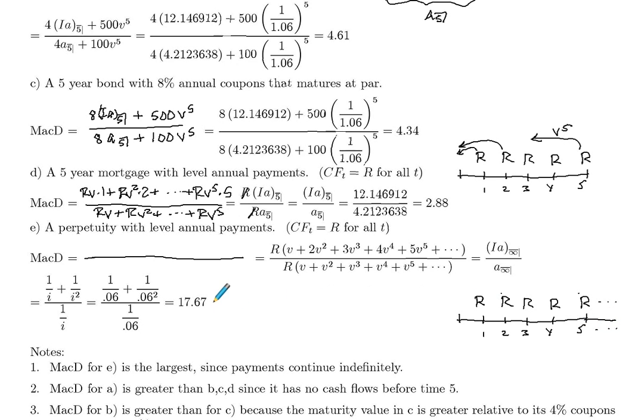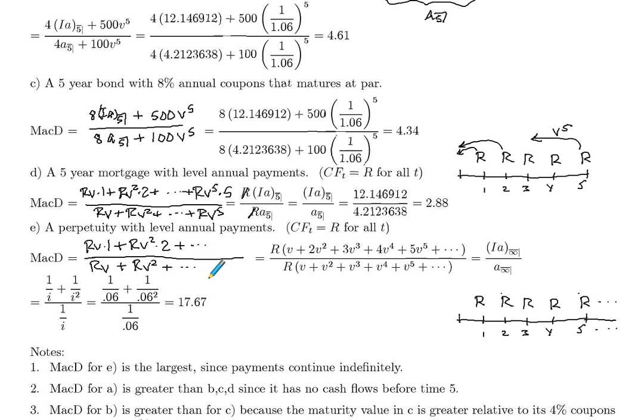It just continues indefinitely. So it starts out the same way: R times v times 1, plus R times v squared times 2, the present value of the second cash flow times 2, plus and so on. And then downstairs, same thing: R times v plus R times v squared, plus and so on.